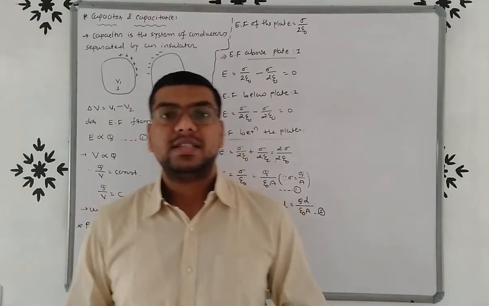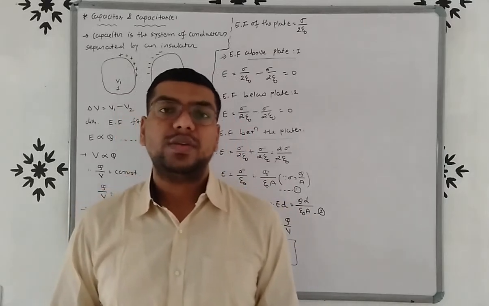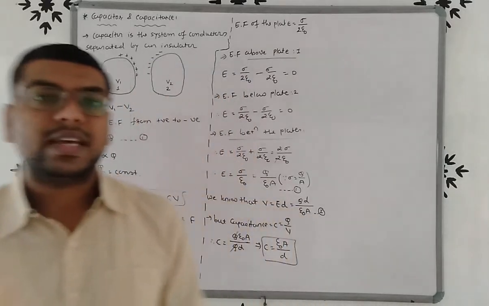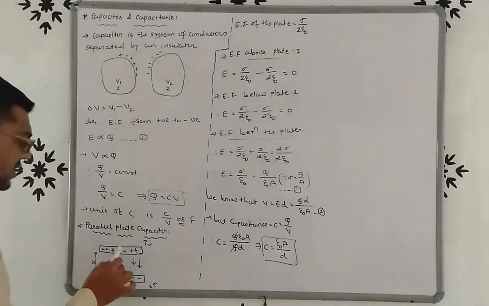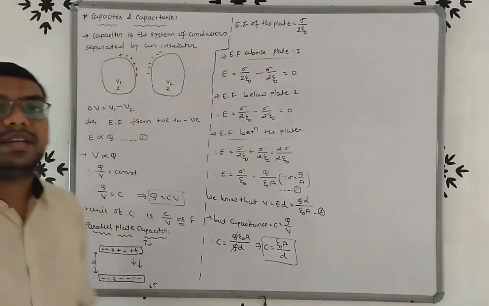So friends, this is very important question for your examination. Once again, the question will be like this: derive the formula of capacitance for parallel plate capacitor. So as shown in figure, these large plates are separated by a distance small d.